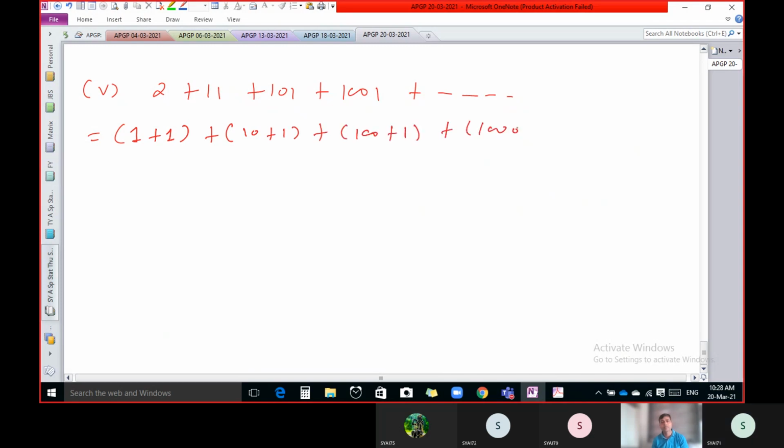Perfect, 1000 plus 1. And so on. Now, select the first term of each bracket. Tell me. Common plus 1. 1 plus 10 plus 100 plus 1000 up to so on, and the second term 1 plus 1 plus 1.